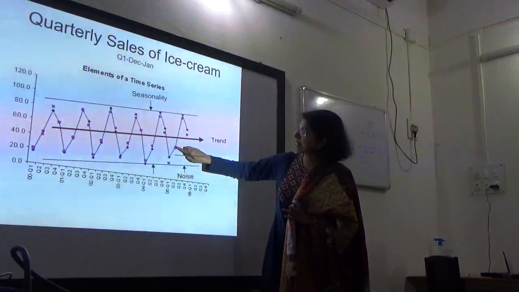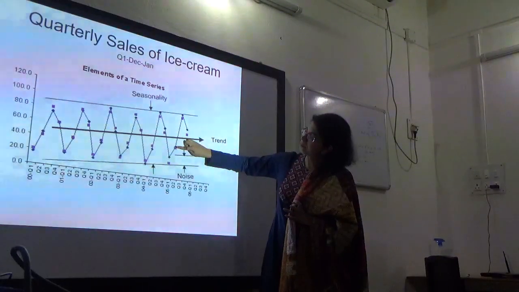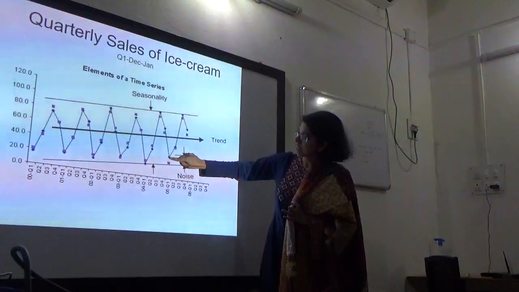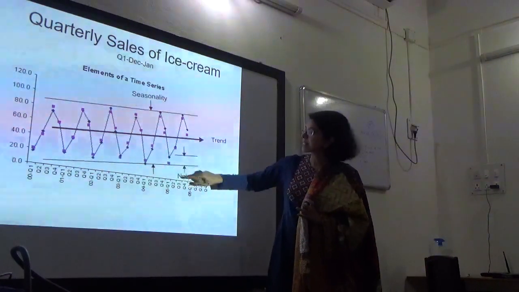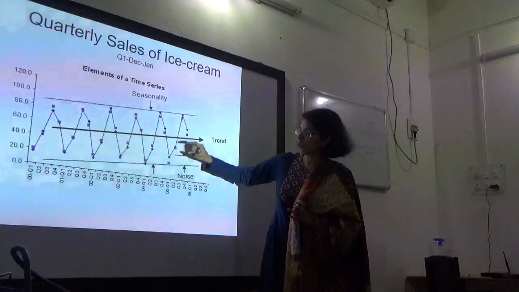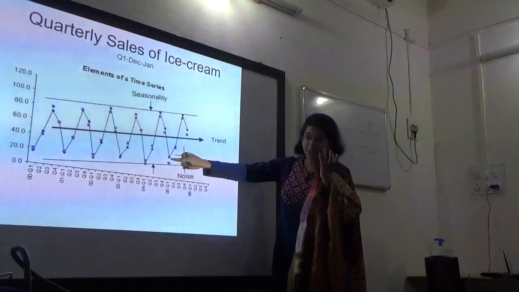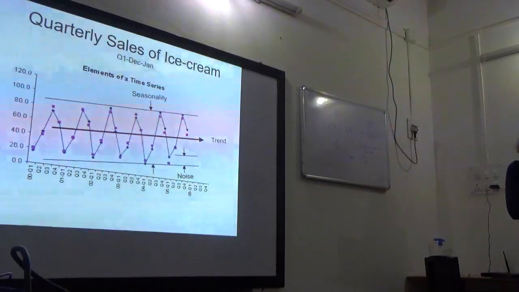In this case, you will see that fitted exactly matches with the observed, okay? So no outlier observations. But in this case, there is a little difference, so this is a kind of noise or outlier observation or random irregular component. Just now we have discussed the irregular component.